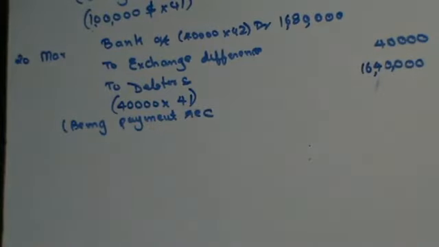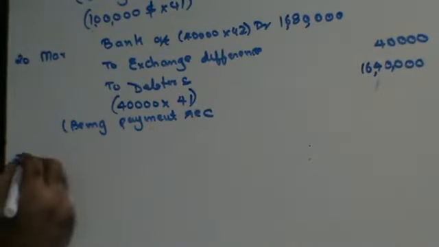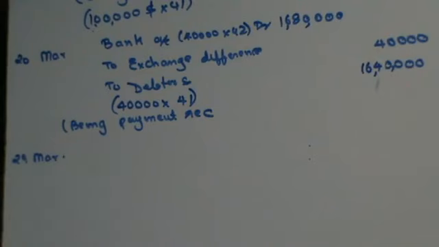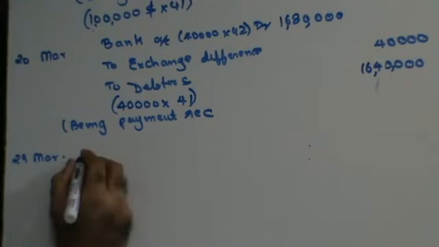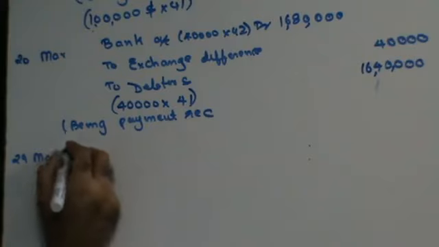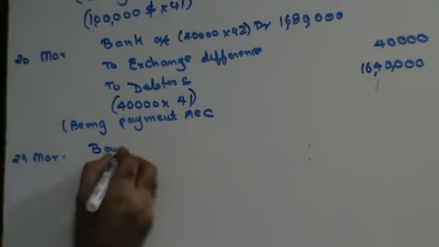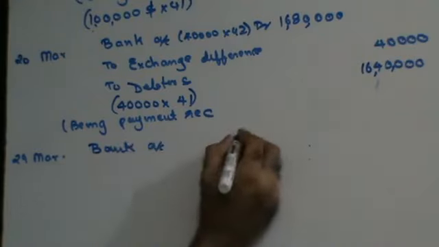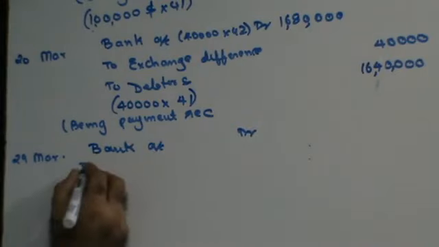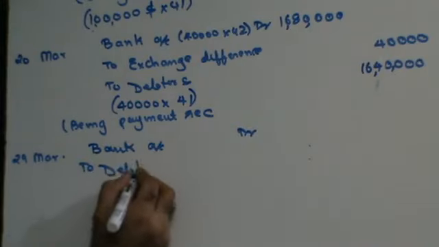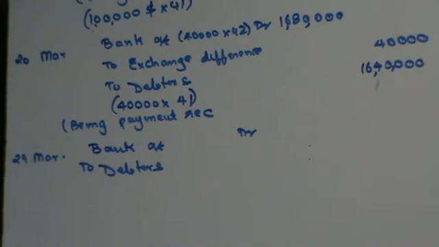Next, after 20th March, the next payment is on 29th March. You received a payment of $35,000 at the rate of 41. Bank account debit, leave a line to debtor. But here, since the rate is the same, you sold at the rate of 41 and you are receiving payment at the rate of 41, so there will be no exchange difference.